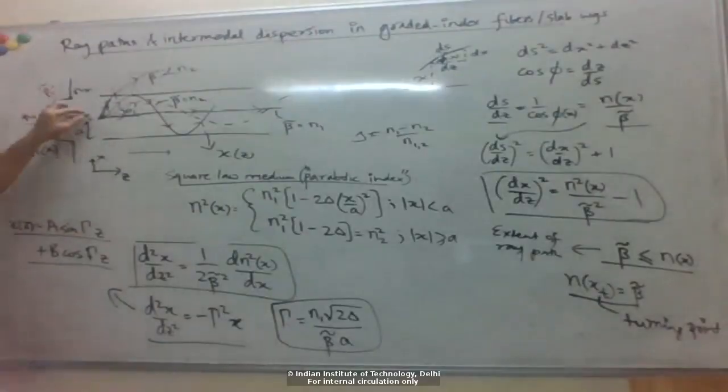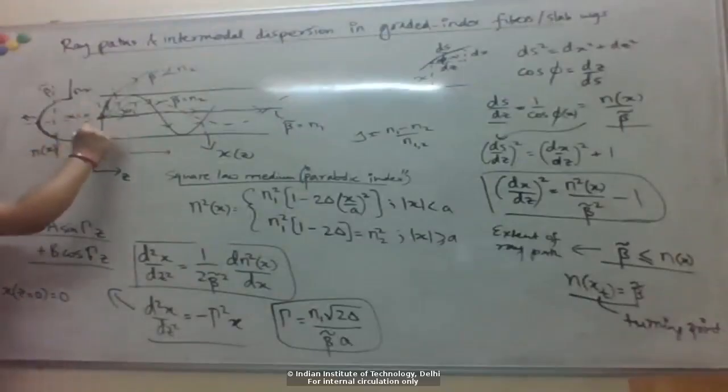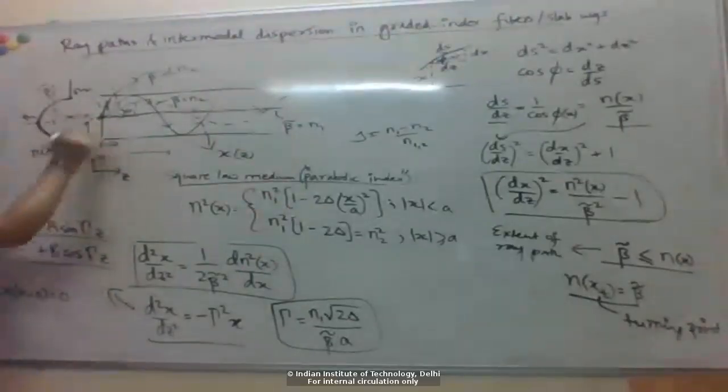Okay, so I mean, let's consider the rays starting on axis, right? Which means what? That x at z equal to 0 is 0. Right? Rays starting here at the origin, so this is z equal to 0.